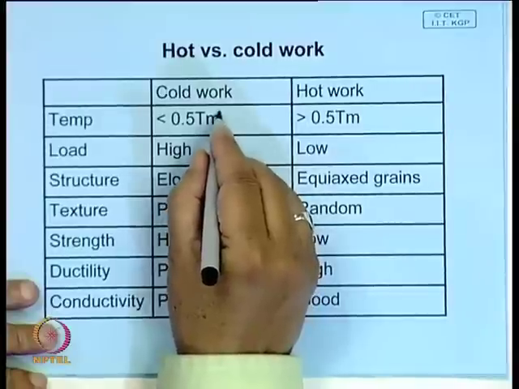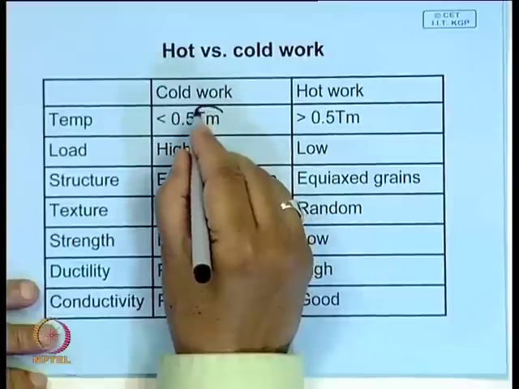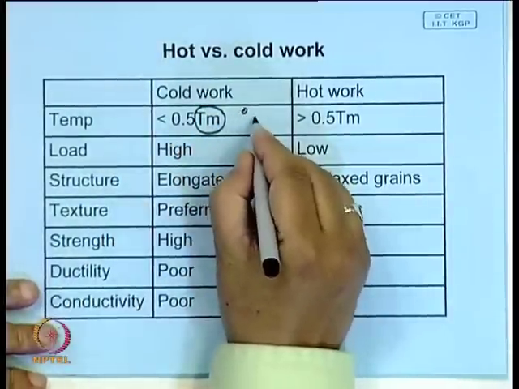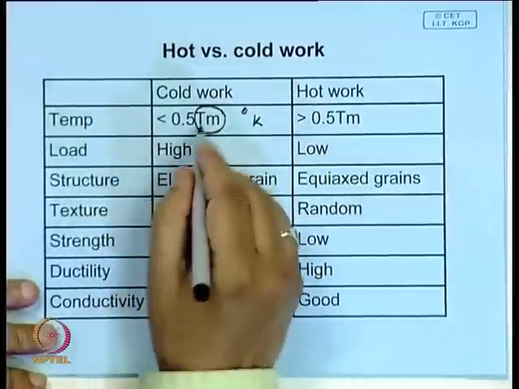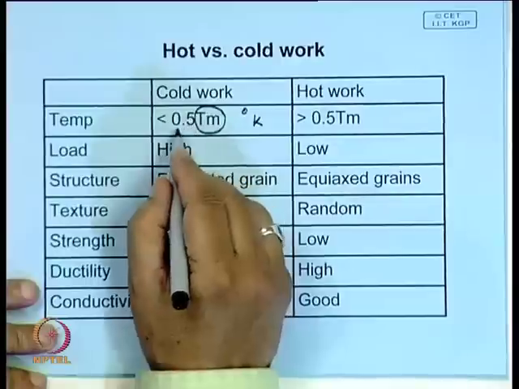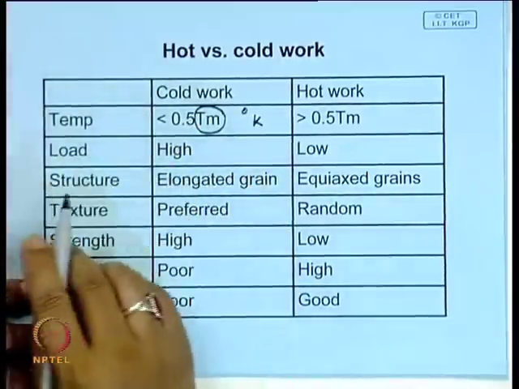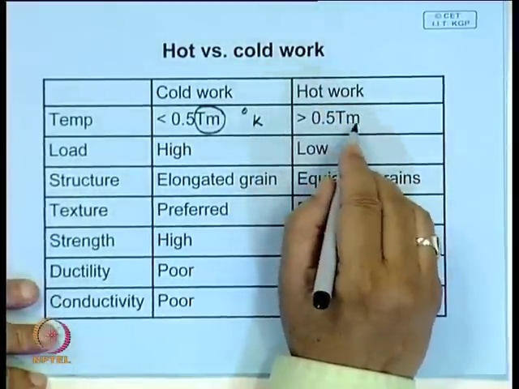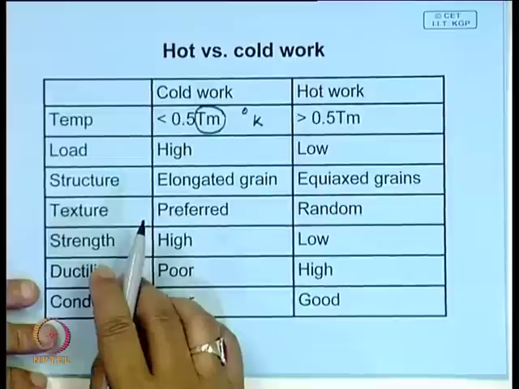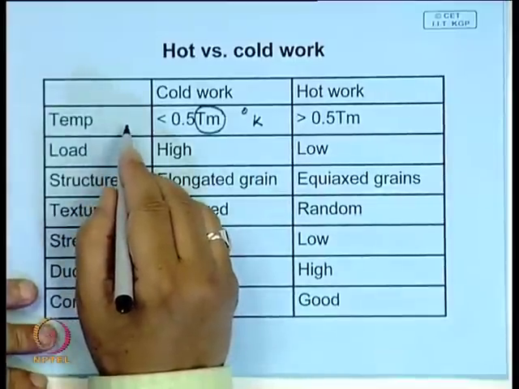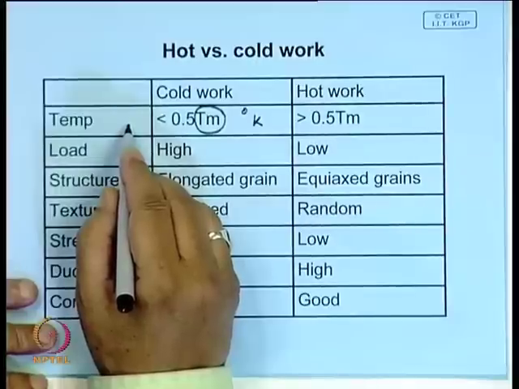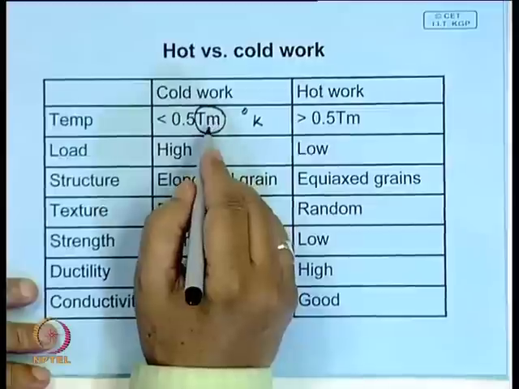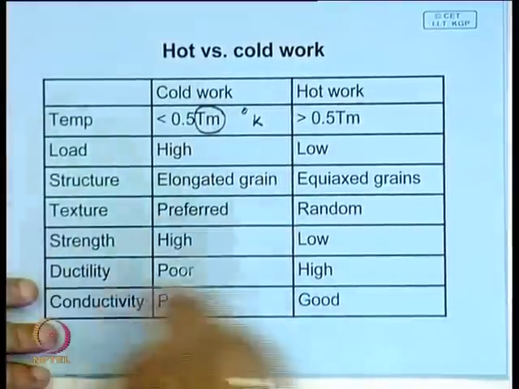It scales with the melting point, T m, in degrees Kelvin, absolute. So, if it is done below half its melting point, then it is cold work. If the working is done above 0.5 T m, then it is hot work. Therefore, lead, if you are forming at room temperature, it is hot working, but steel, if you are rolling at room temperature, it is cold working.